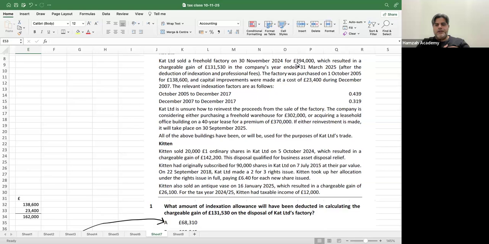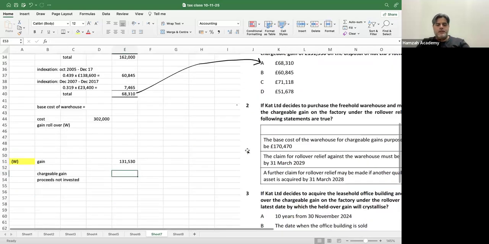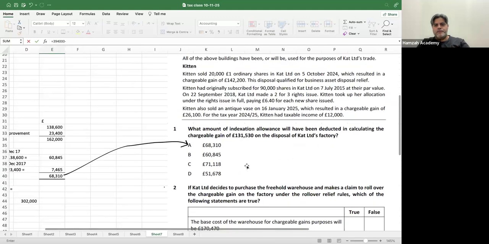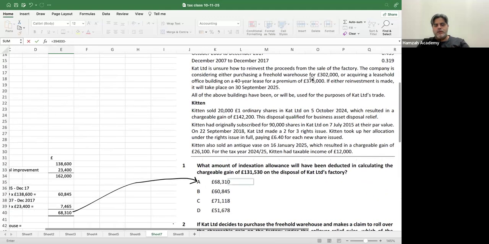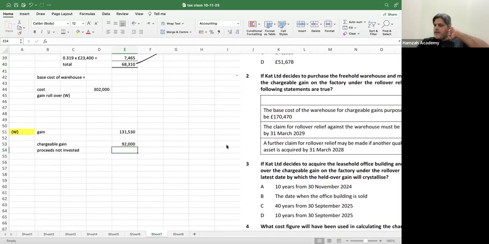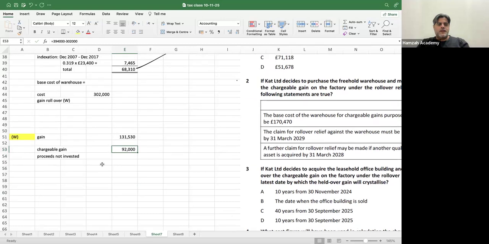The proceeds are going to be 394 and it's going to be bought for 302. So 394 minus 302 is 92,000. So the gain not invested is basically 92,000.